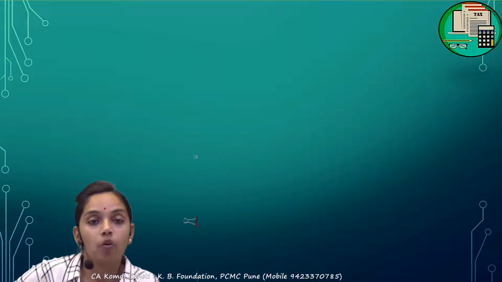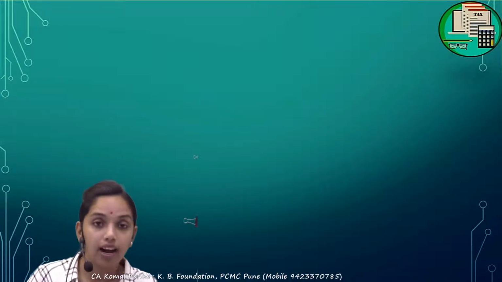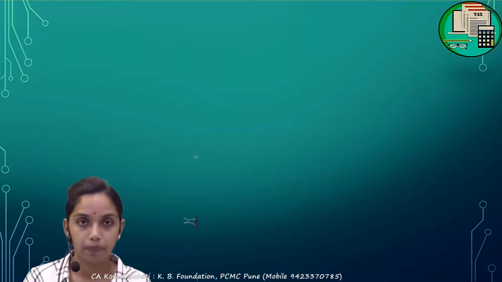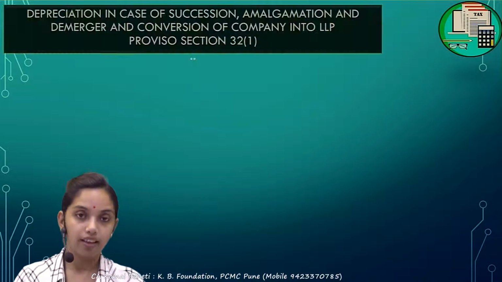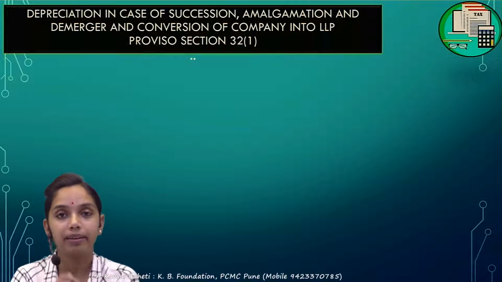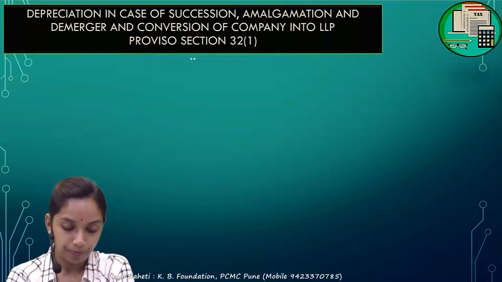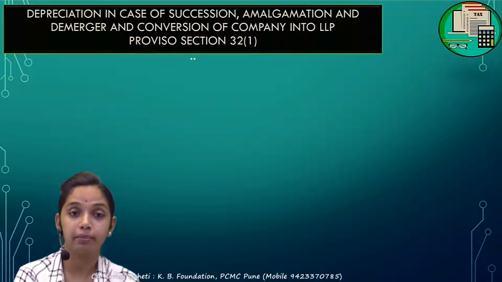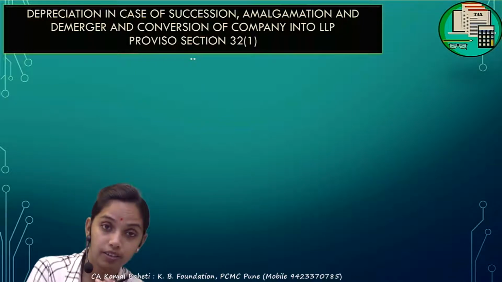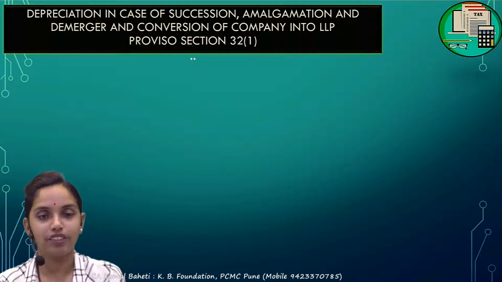What had happened? There is an amalgamation. Now there is a succession or an amalgamation that has taken place, or there is a demerger, but it has taken place in the middle of the year. If it is at the beginning of the year, it's very easy.